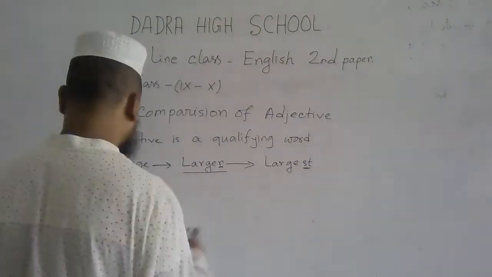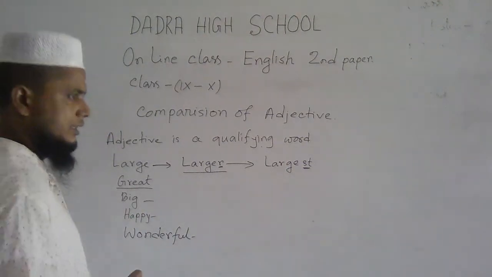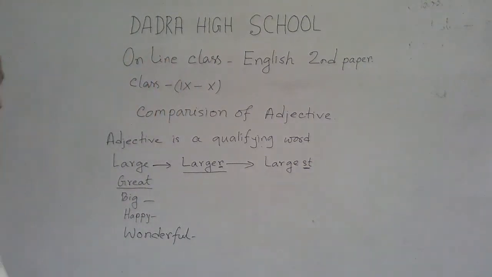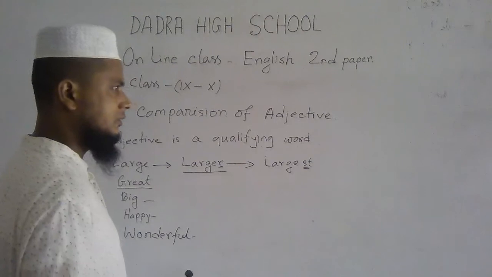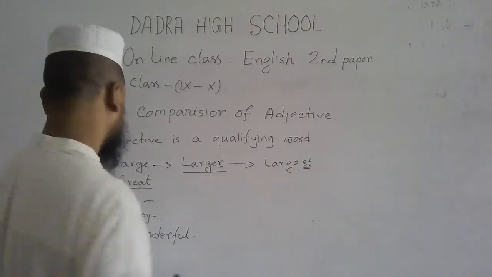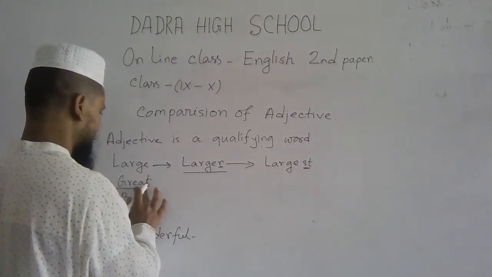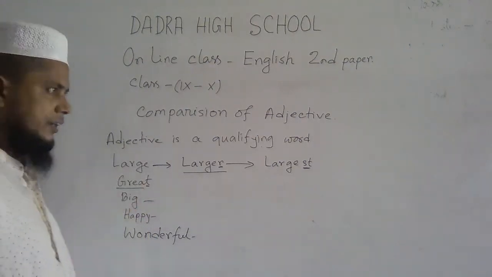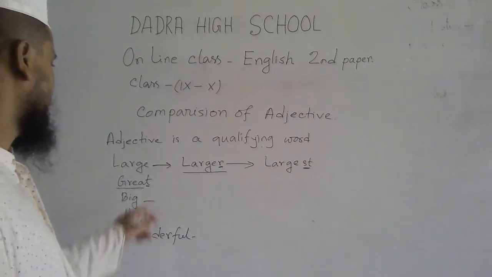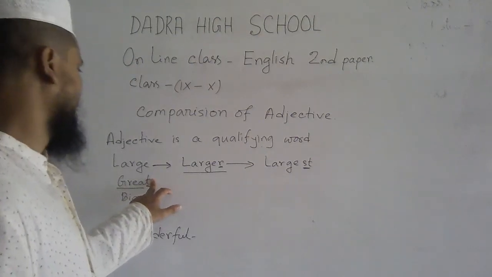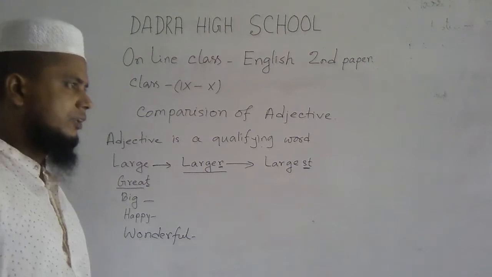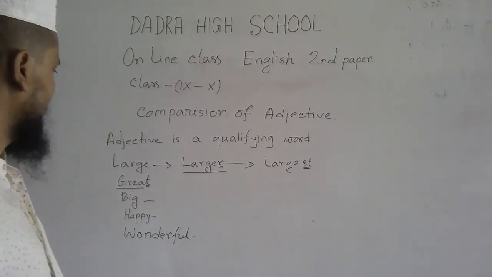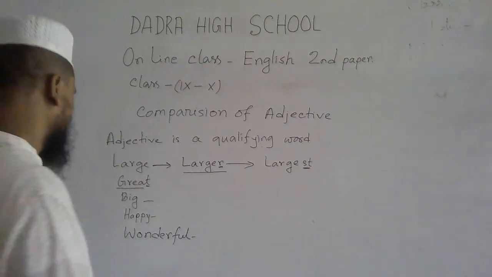This is another word, great. It's also a monosyllabic word, and it also has a consonant at the end, T. T is a consonant and it is placed at the end of the word, but there is no E after T. So if you want to make it comparative, you will add ER at the end of the word.